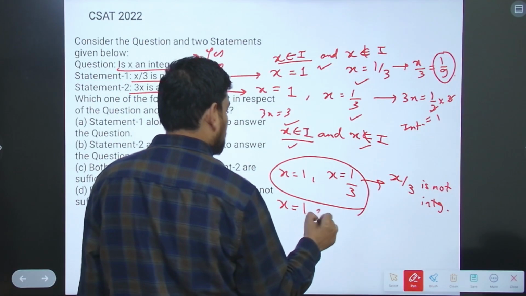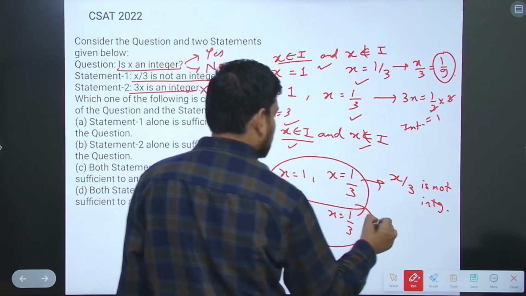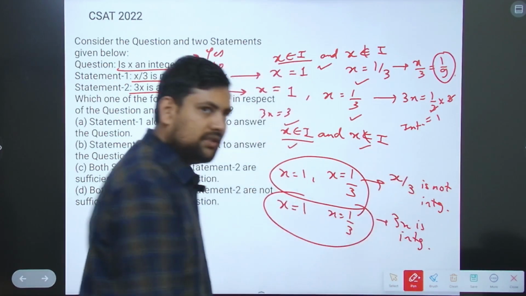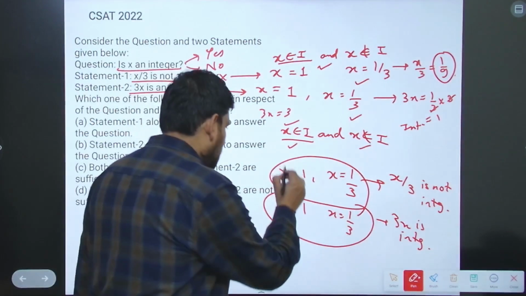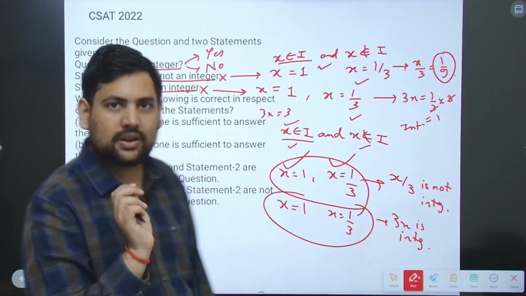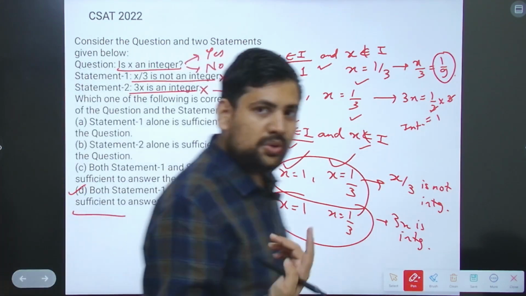Similarly, x equals 1 and x equals 1 by 3 also satisfy that 3x is an integer. Both statement 1 and statement 2 are satisfied. Still you don't know if x is an integer or not an integer. So both together are also not sufficient. Answer becomes E.